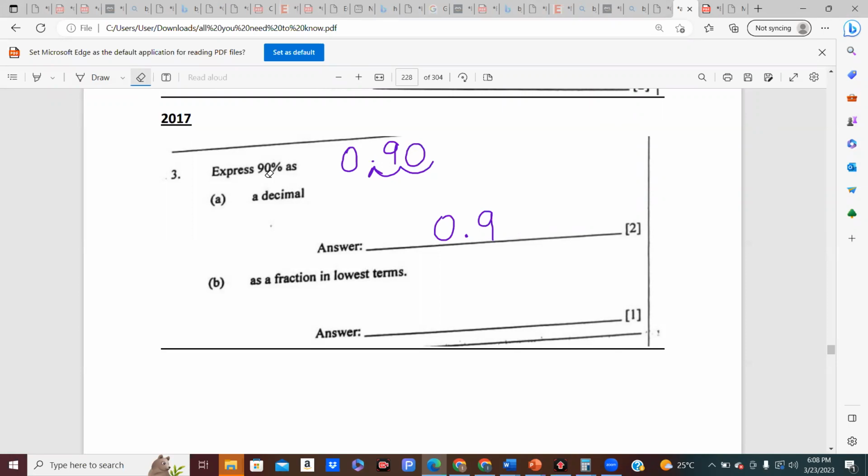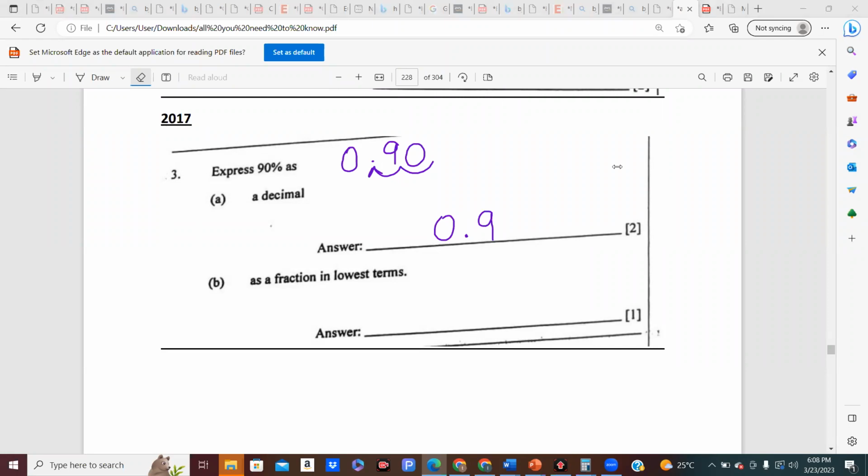If we have 70%, what would 70% be? 0.7. 60% as a decimal would be what? 0.6. Very good.